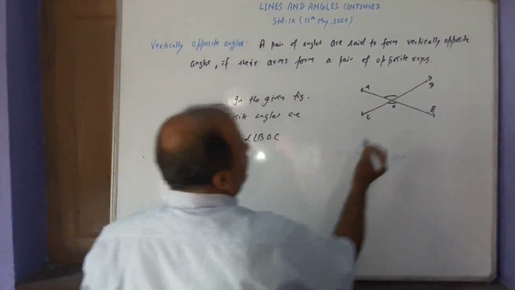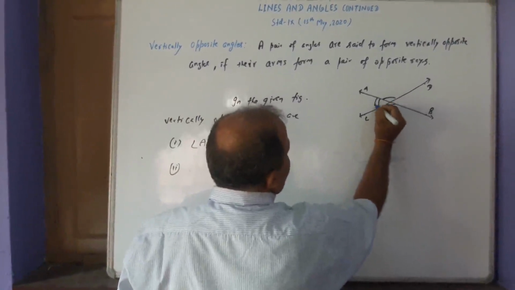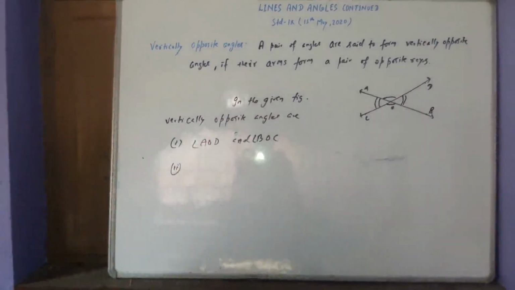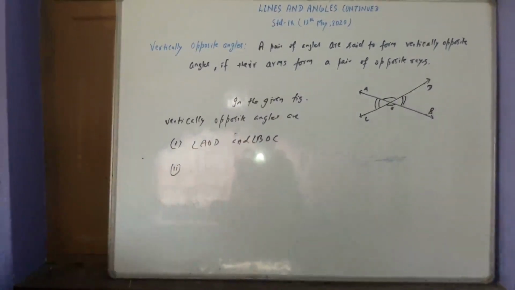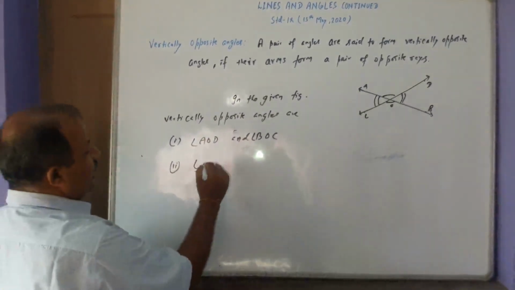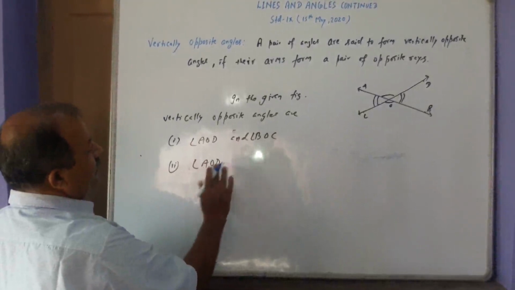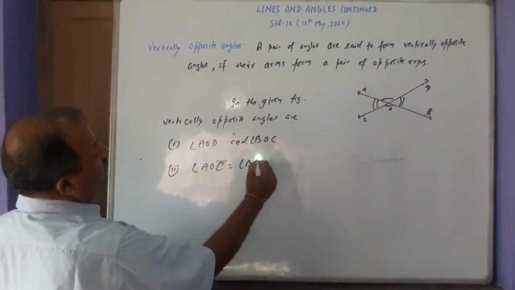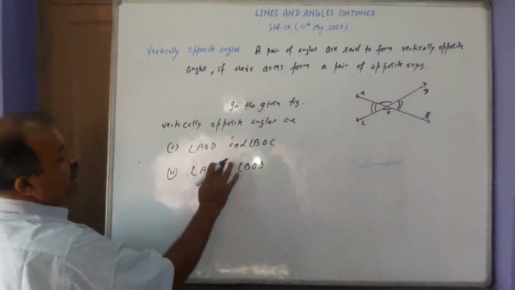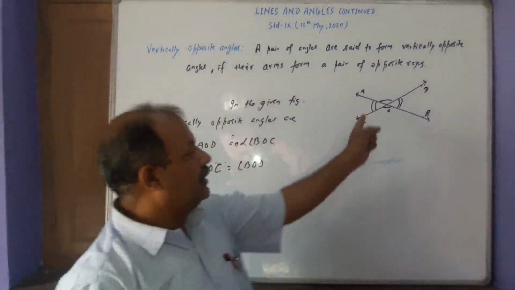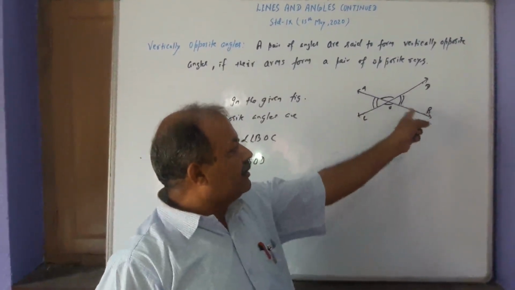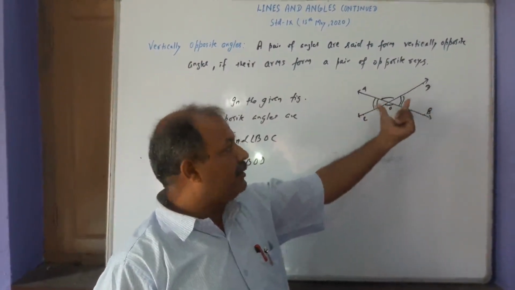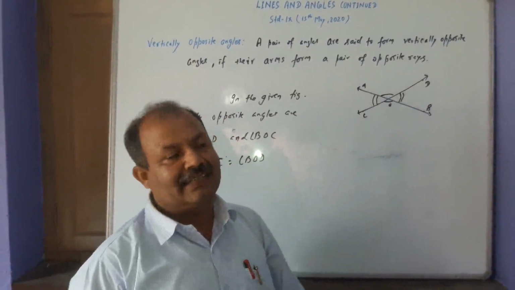Second, angle AOC and angle BOD are also vertically opposite angles. Here, AOC and BOD, see here OA and OB, OC and OD are also forming two pairs of opposite rays.